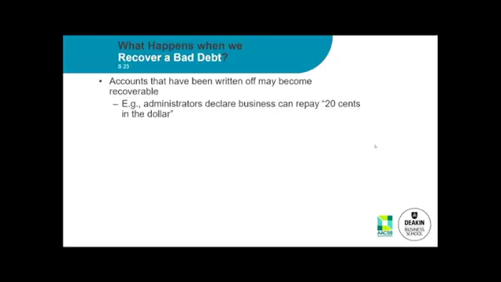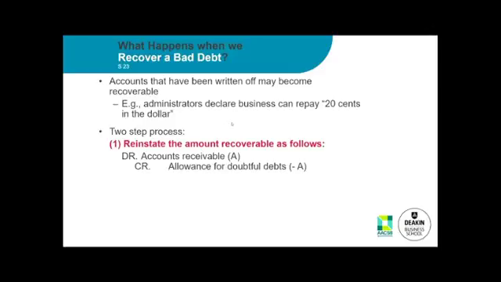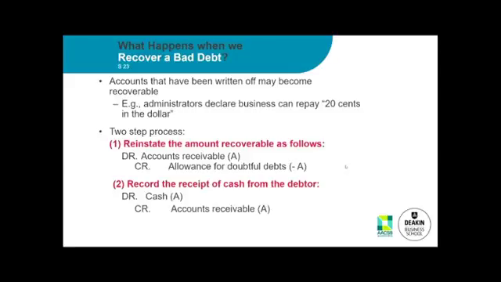So let's say, for example, the administrators have declared that we're going to get 20 cents in the dollar. Previously, we might have been told we're going to get nothing. And all of a sudden, we're going to get 1/5 of our money back. So we have to reinstate the debt to start with and reverse the allowance that we'd created.